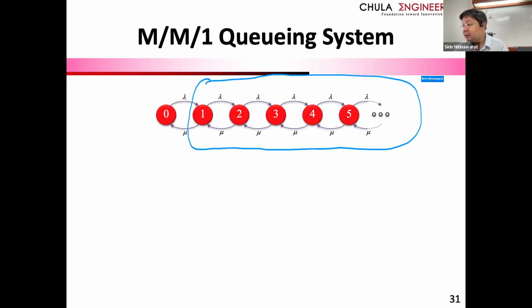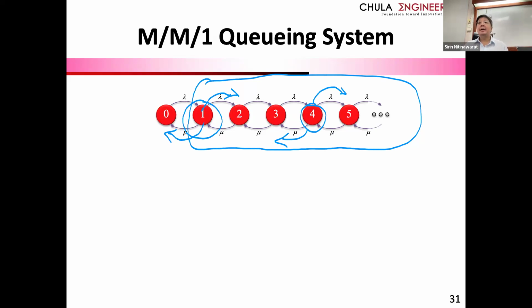So let's say you zoom in to state 1, you see a transition out to the next one with rate lambda, transitioning back down with rate mu, right? And that happens to all states, right? Even if you go to 4, there are still 2 arrows coming out, going up with rate lambda, going down with rate mu.